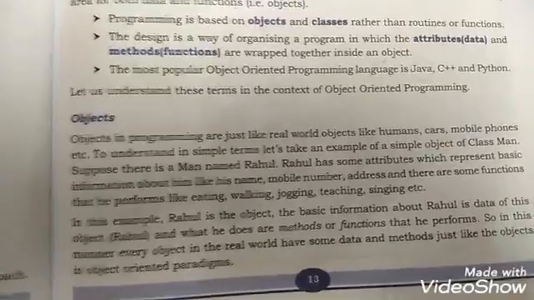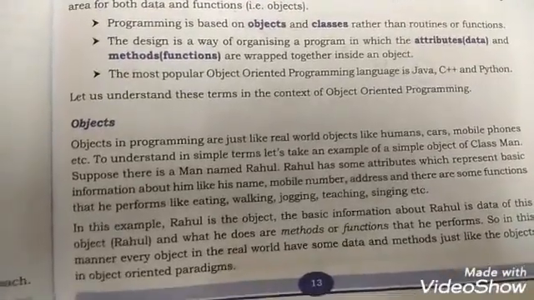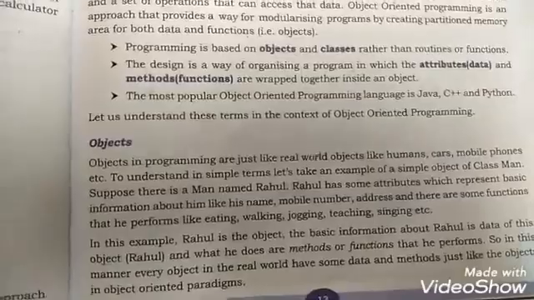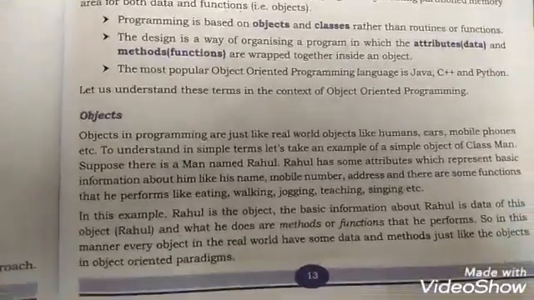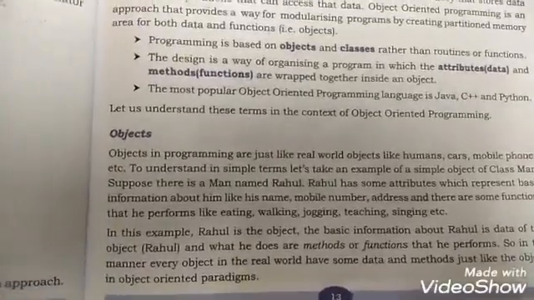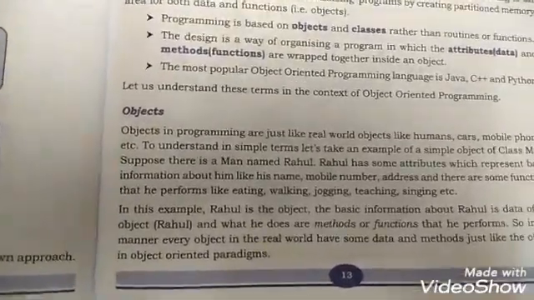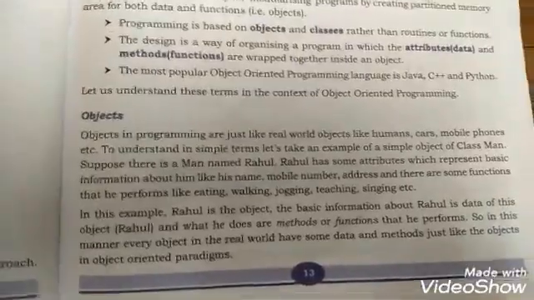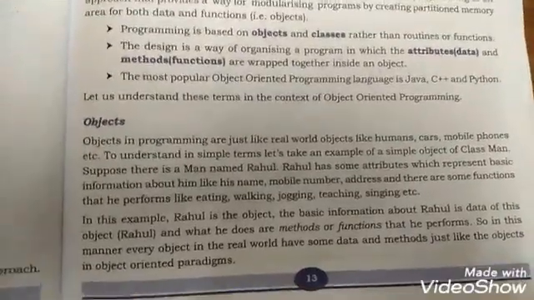Maybe it's your pen, maybe your book, maybe your smartphone, maybe your television, maybe your fan, maybe your bed, sofa, whatever you see around yourself is an object, right? So let us see what an object is in Java.